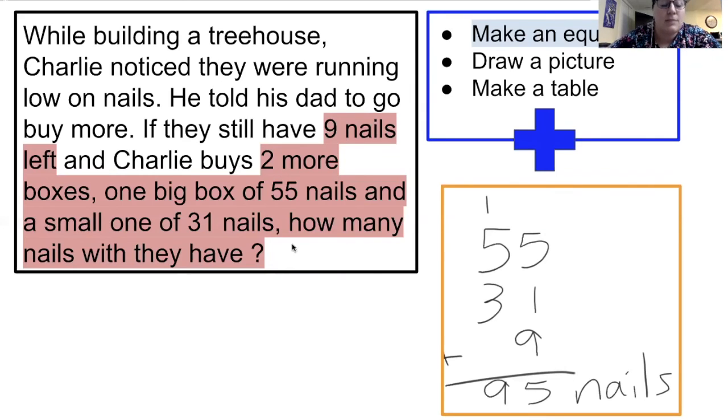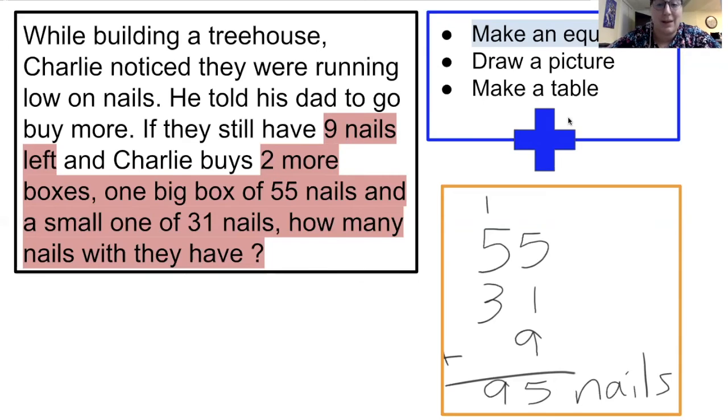It's important for me to build the story in my head that they're making a treehouse and that's why they need nails. But I need that Charlie is buying nails. He has 9. Then they're going to get another box of 55 and another box of 31. Then, oh, and I'm solving for how many they have in all, total together.